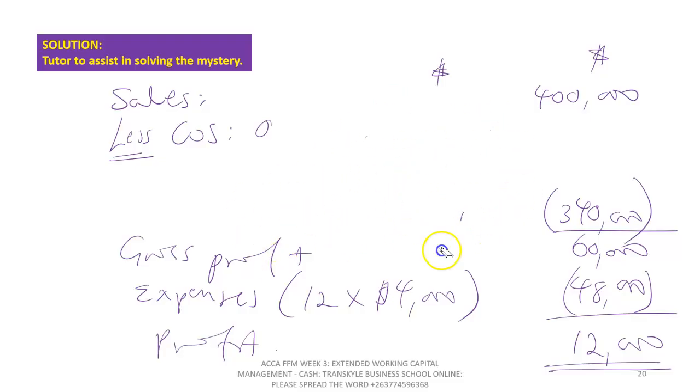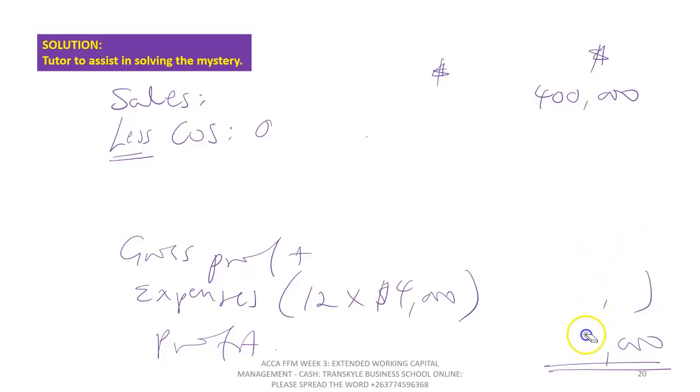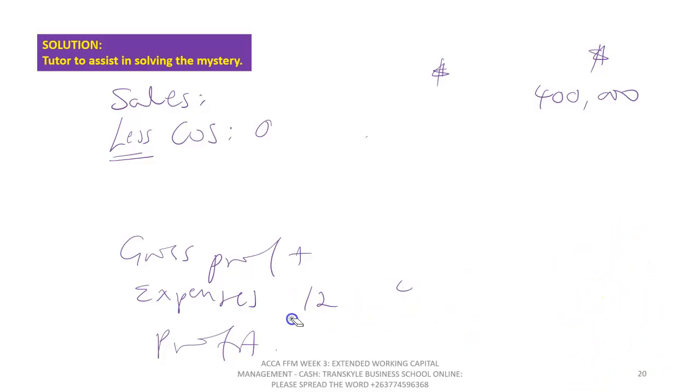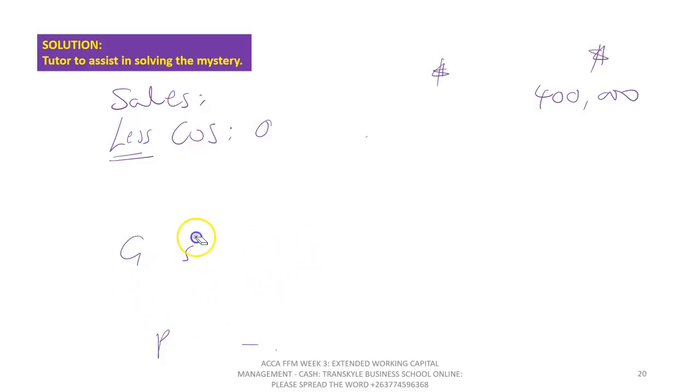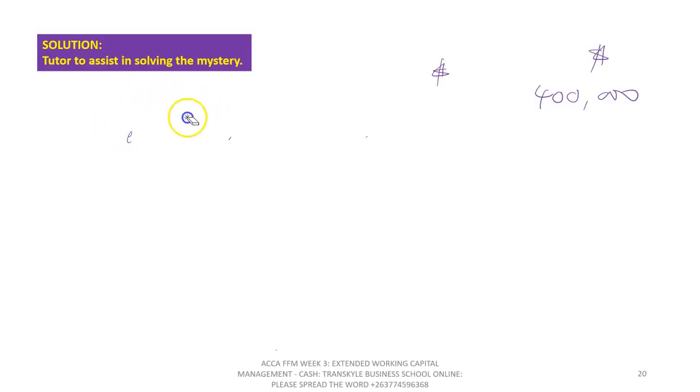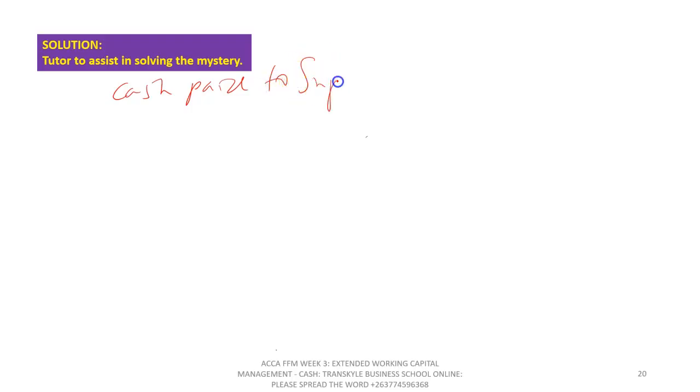Sorry, just 1 minute as I tidy up the place. Right. Now, cash paid to suppliers. This is the same principle you can use when you are doing your cash flows in financial accounting. It's almost just the same.